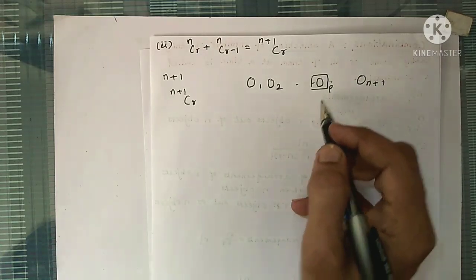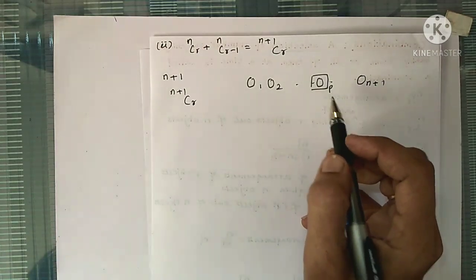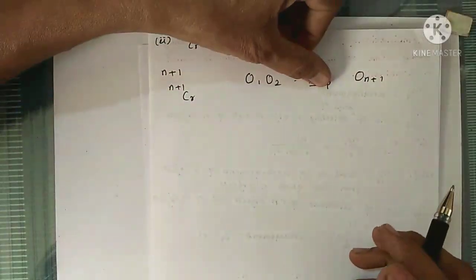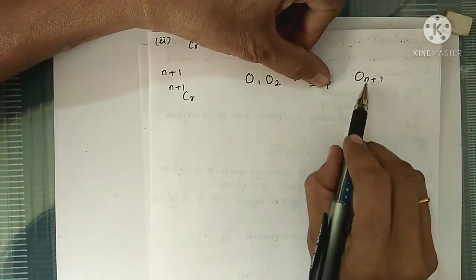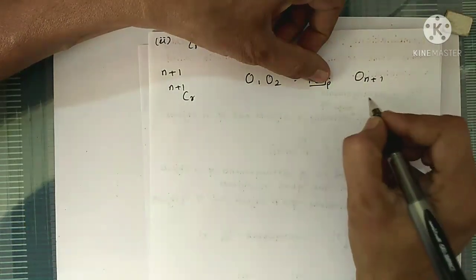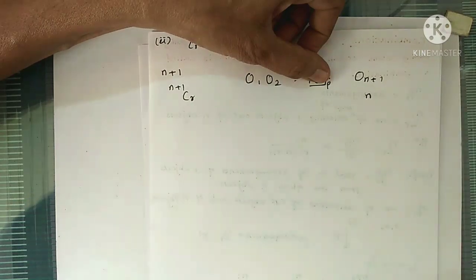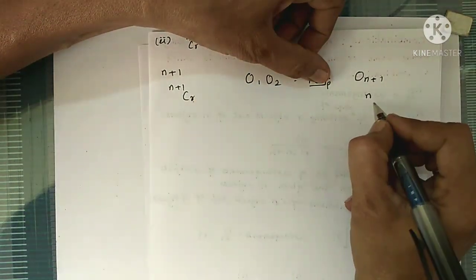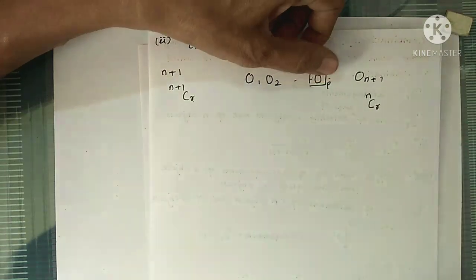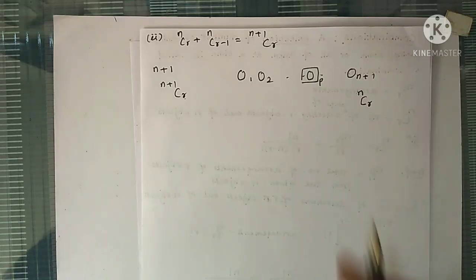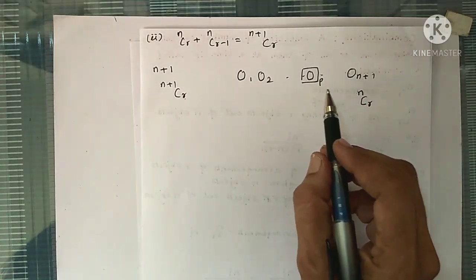So first of all, let's select those where it is not there. That means we are rejecting this object. So we have n plus 1 objects and we are not taking this object. That means in total we have n objects only. And from those n objects we have to select r objects. So that can be done in nCr ways. So in nCr selections, this object is not there.